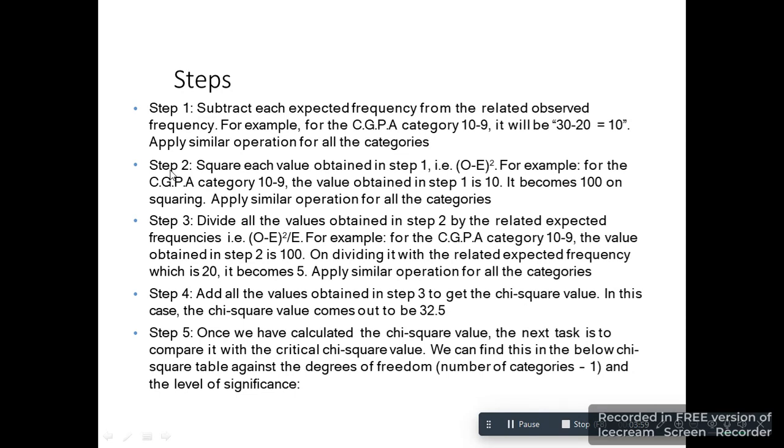So the next step is to square each value obtained in step 1, that is O minus E. The answer in step 1 is 10, and the square of 10 is 100. You have to apply these two steps to the values of all the categories.